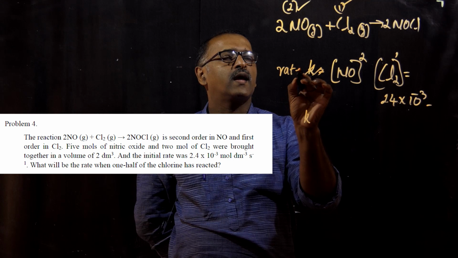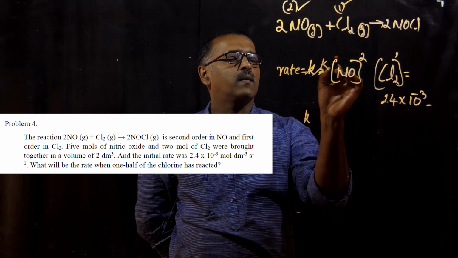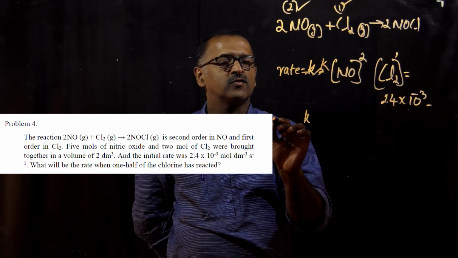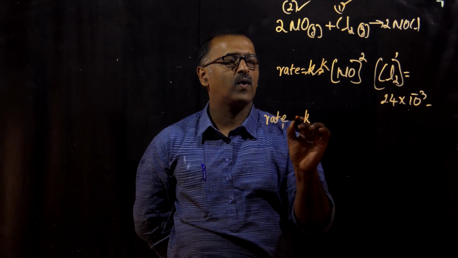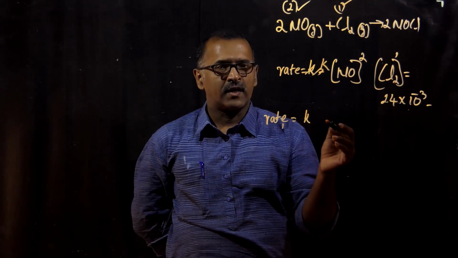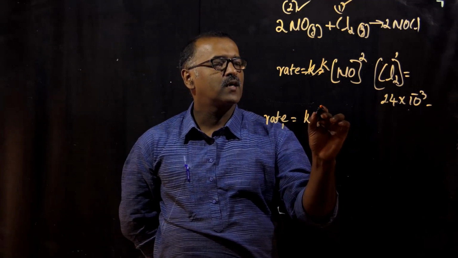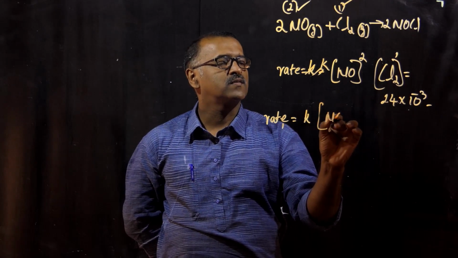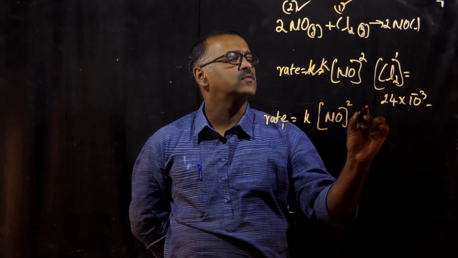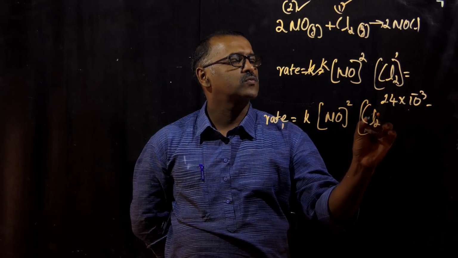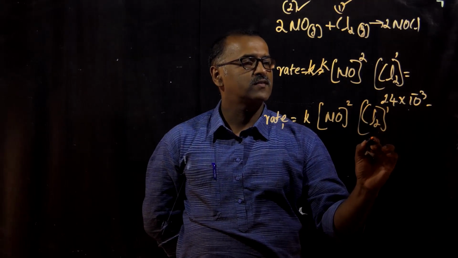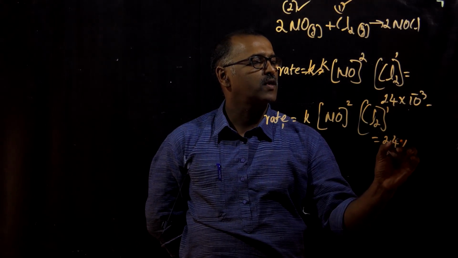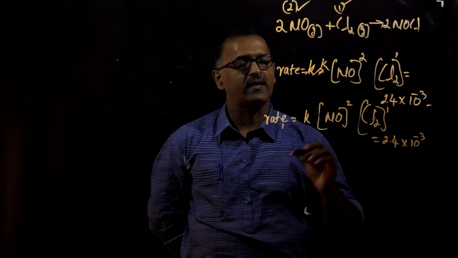Rate is equal to k multiplied by... So in the first experiment, the rate 1 is equal to k, the rate constant, which will be the same in both experiments, times [NO] to the power of 2 and [Cl2] to the power of 1, which is given as 2.4 into 10 to the power of minus 3.